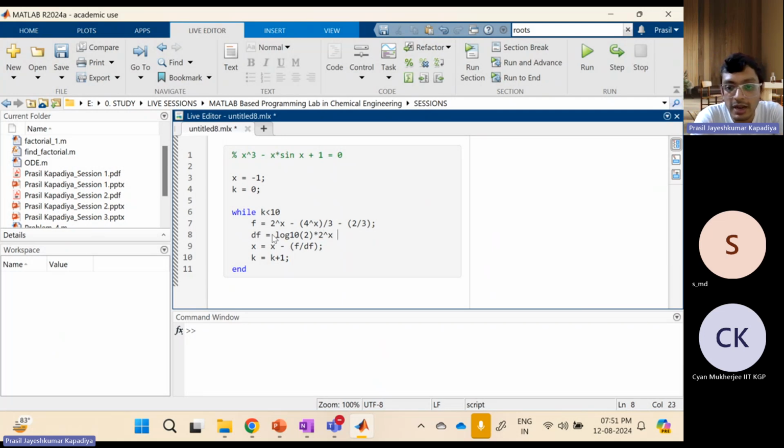Okay, so similarly 4 raised to x, same term, and the whole answer is divided by 3. And we are supposed to find a solution with x equal to 1.5.